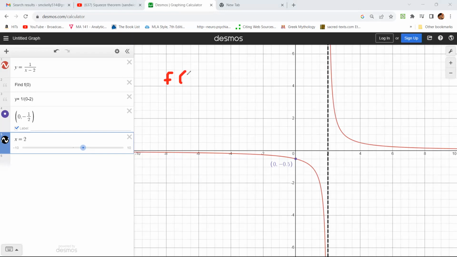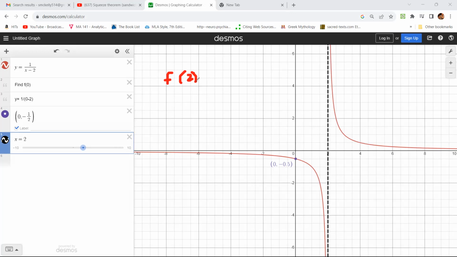What is f of 2? What is that asking you to do? To find the value, right? The f value. The function value at 2. Looking at the graph and looking at the equation, whichever one is easier.